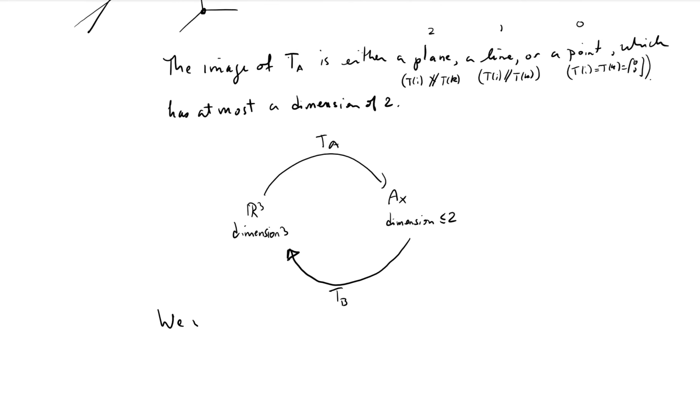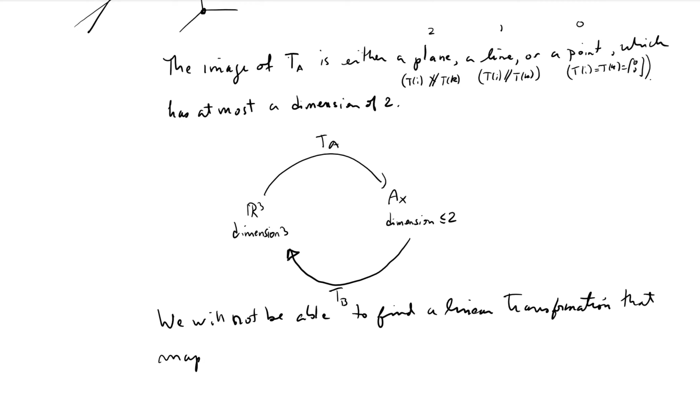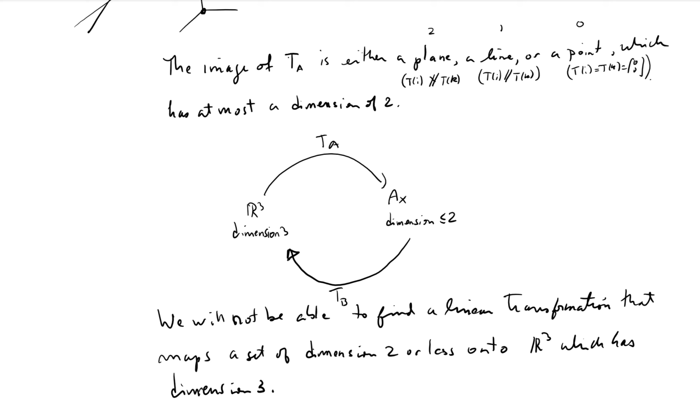So we will not be able to find a linear transformation that maps a set of dimension 2 or less onto R3, which has dimension 3.